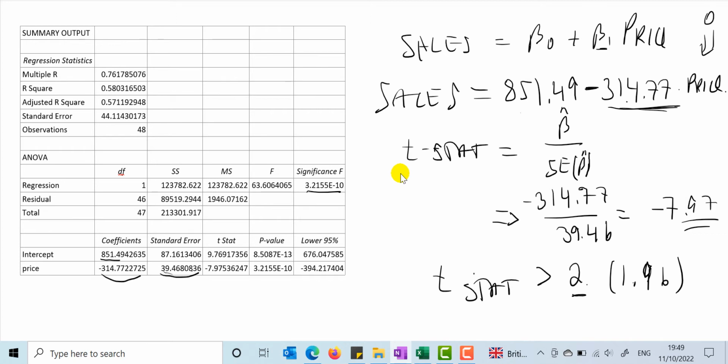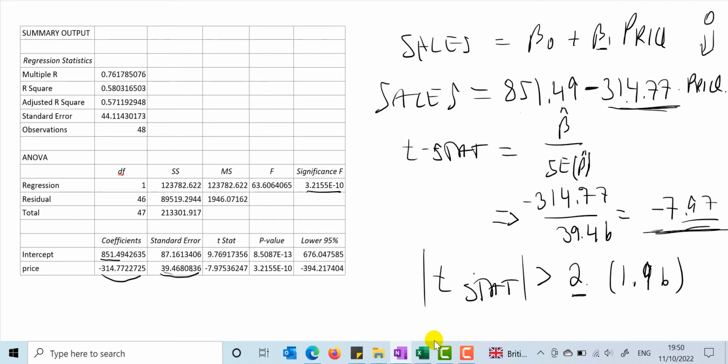And we have to say that this is in modulus, yeah? So the modulus value of t-stat has to be greater than 2 or 1.96 in large samples. It's 2 basically, yeah? So the modulus of 7.97 will be 7.97, which is greater than 2. So there's a statistically significant effect from price to sales.